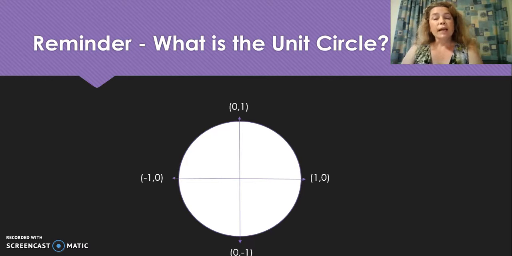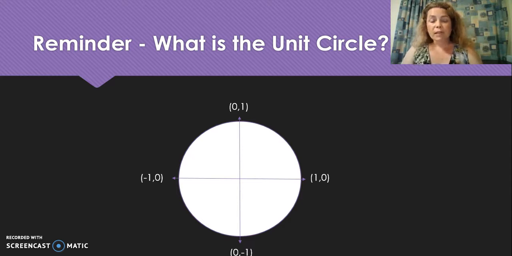Remember, we can get our sine value at any angle along the circumference of the circle by taking the vertical height of the coordinate of that point. And our cosine value, or our cos value, is taken by reading the horizontal value, or along the x-axis.